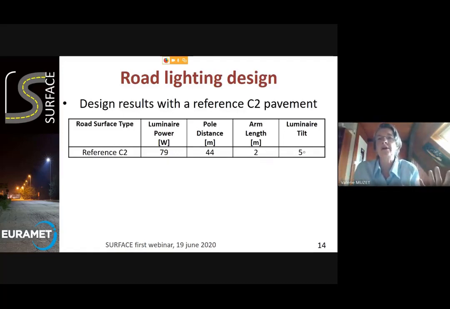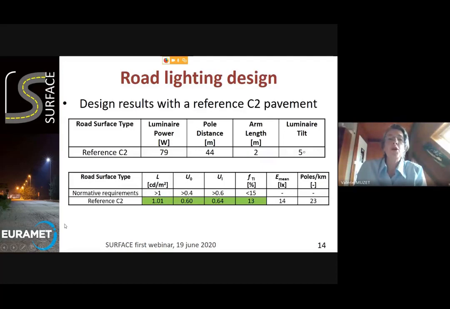People don't make measurements, so they use a reference pavement. Sometimes it's R3, C2 or something else, but they have the same approach. For our study, we chose the reference C2 for our lighting design.